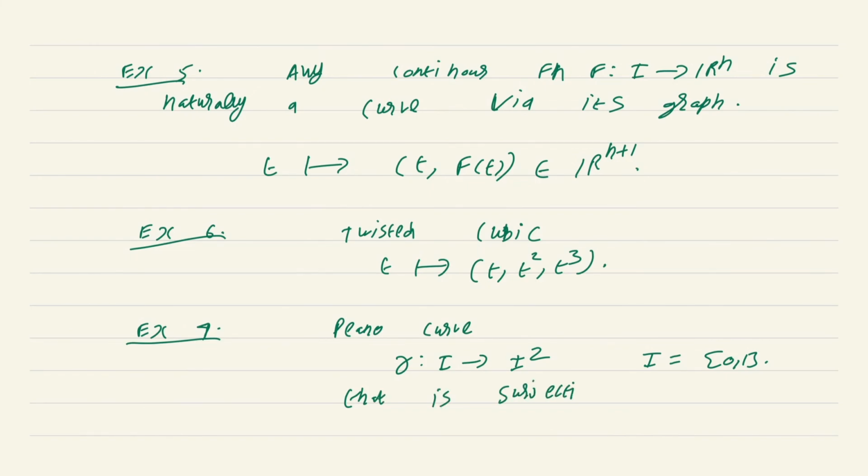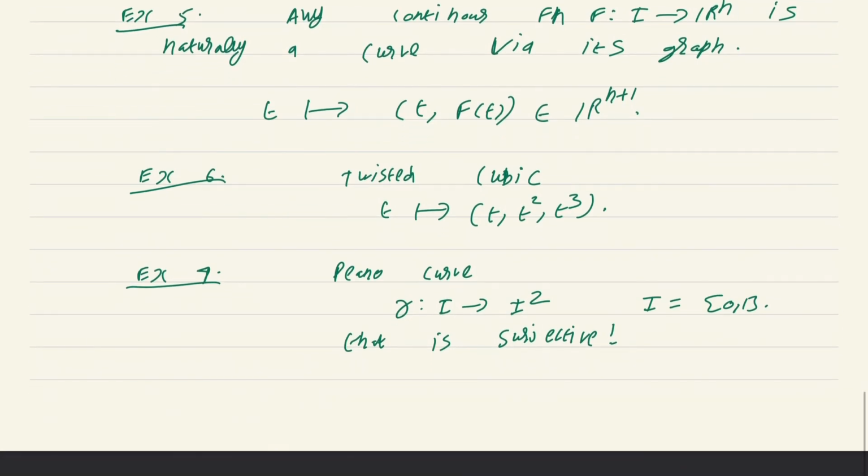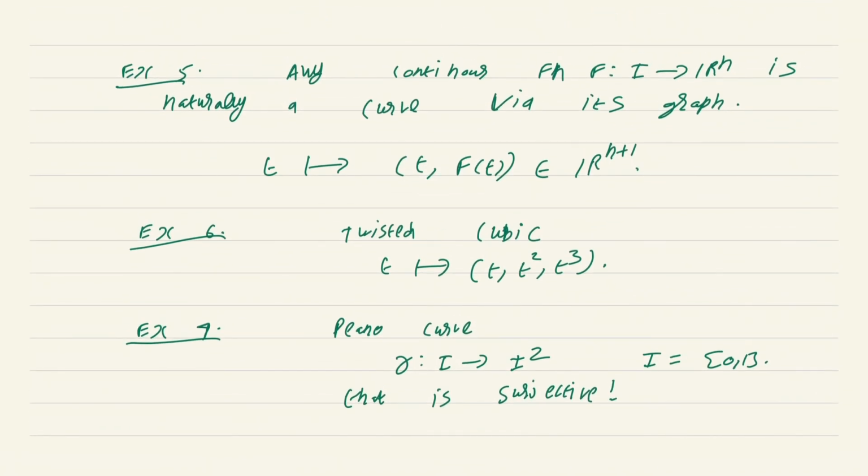So there is a curve from the closed interval [0, 1] to the square [0, 1] cross [0, 1] that is surjective. This is an extremely weird curve. In fact, the creation of this curve shocked many mathematicians of that era. These curves are called space filling curves and are interesting to study from the perspective of topology. I will not pursue this any further, leaving it up to you to figure out how this curve is constructed.